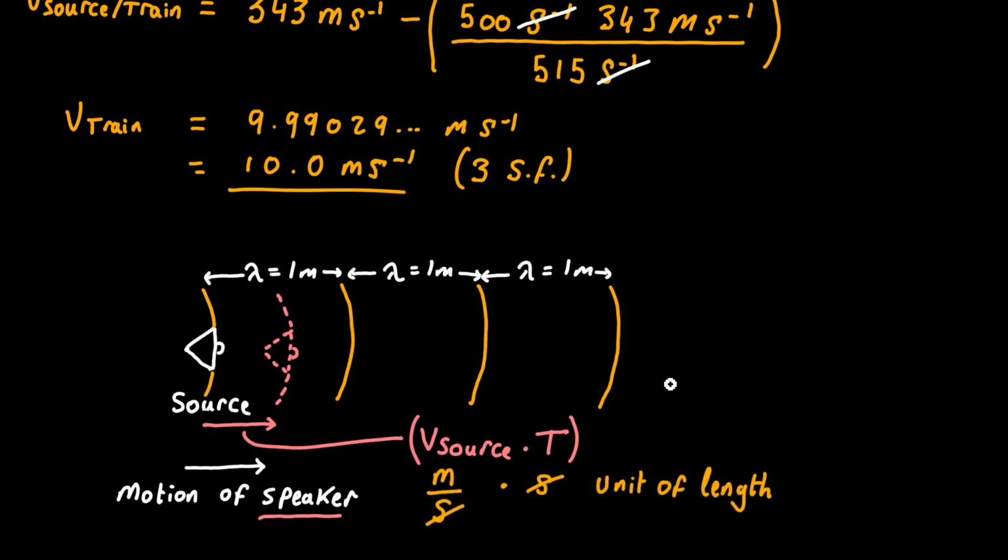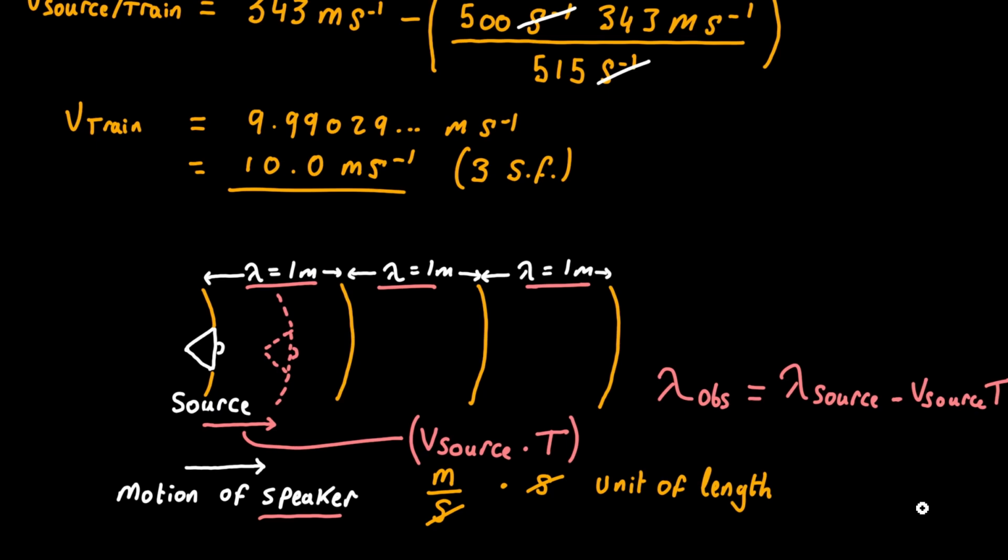So the wavelength of sound seen by the observer is equal to the wavelength of the source minus the speed of the source multiplied by the period of the sound.